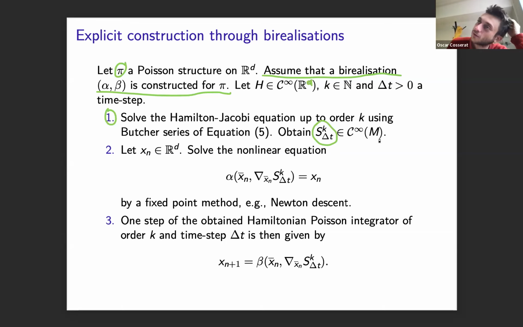It's no longer a formal series because we truncated it, so we are left with a finite number of terms, and this finite number of terms becomes a smooth function while we specify the time step delta t being fixed and small enough.